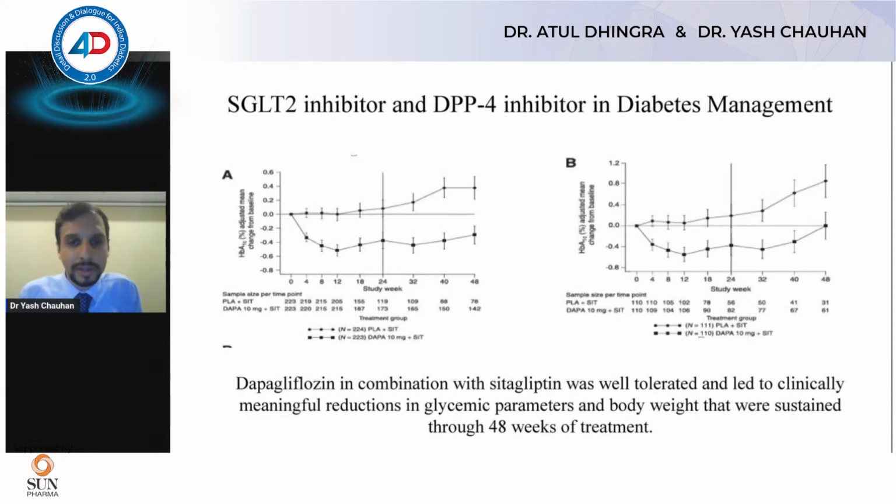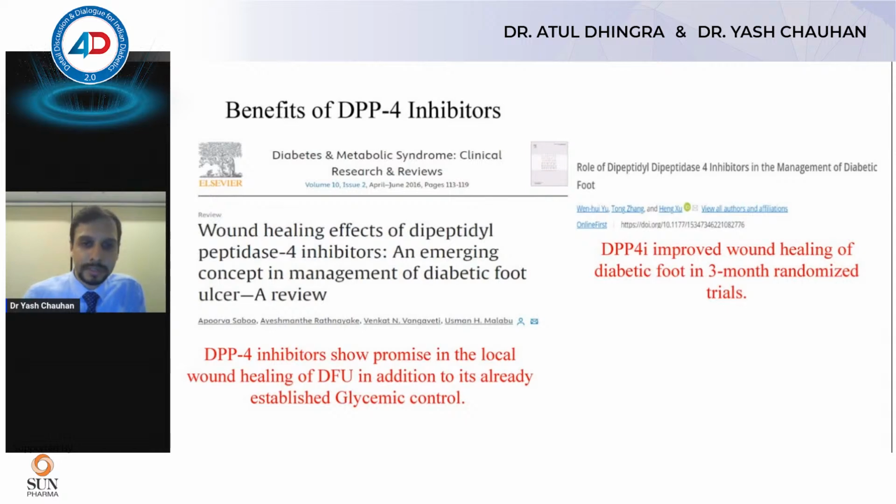The combination therapy was well tolerated, and over 48 weeks led to improvement in body weight, and of course they're weight neutral, so that's a good thing. DPP4 inhibitors also have a role in improvement of wound healing over 3 months, as seen in these trials.